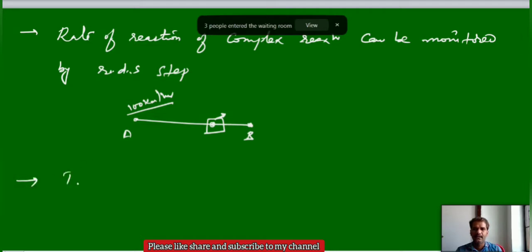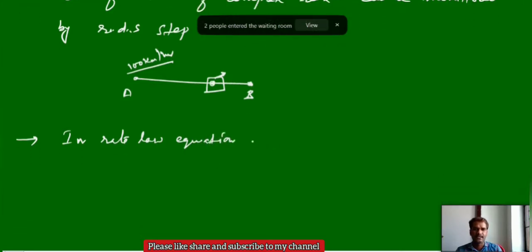So, in the rate law equation, intermediates should not be present.